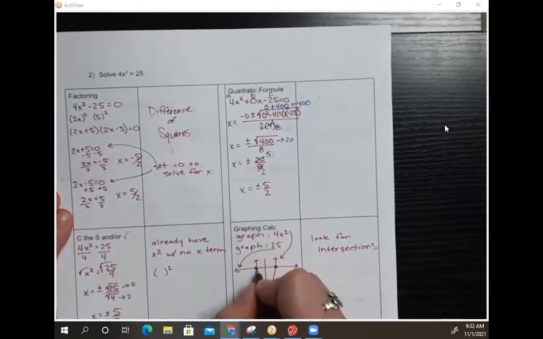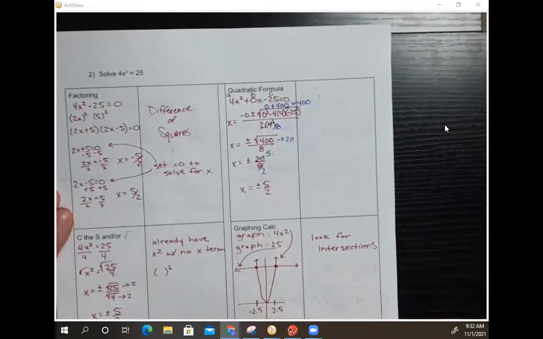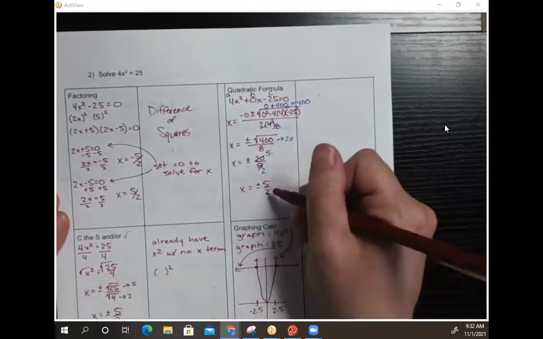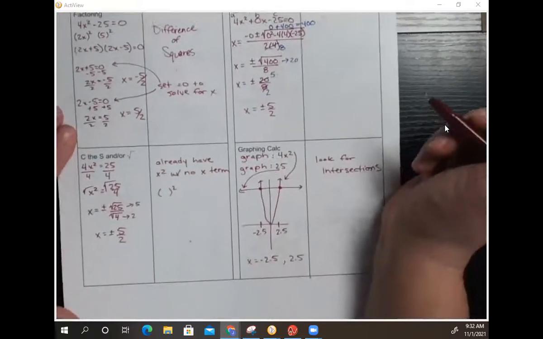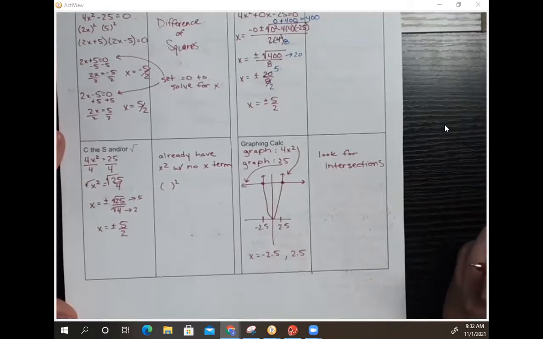And we're looking for those points of intersection. And again, just those x values. So negative 2.5 and positive 2.5. That's the same as 5 over 2, right? 5 over 2 is 2.5. So negative 5 over 2 and positive 5 over 2. Same thing.